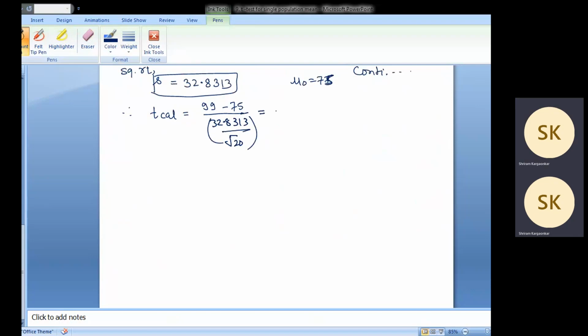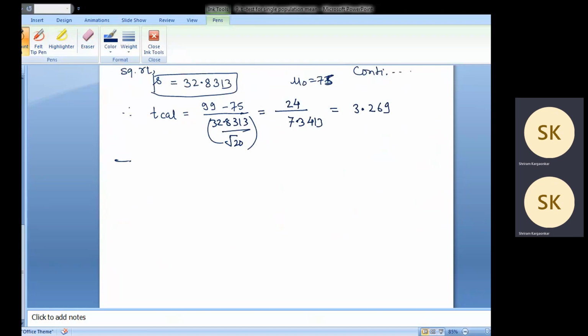First of all, it is advised from my side that you solve the denominator first. So 32.83 divided by root of 20. That value comes to be 7.3413. And when you divide it, then you get the calculated value 3.269. So this is the calculated value.